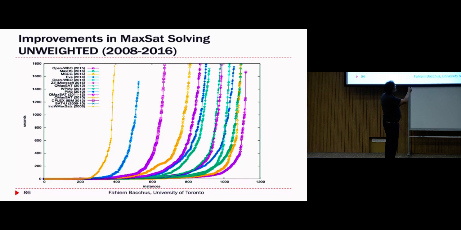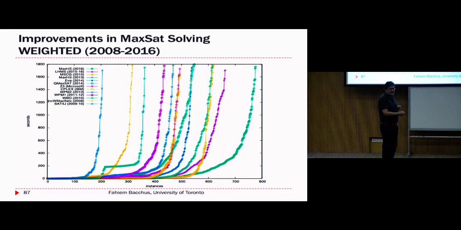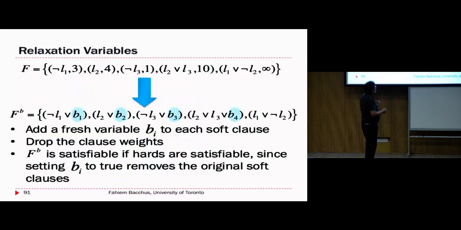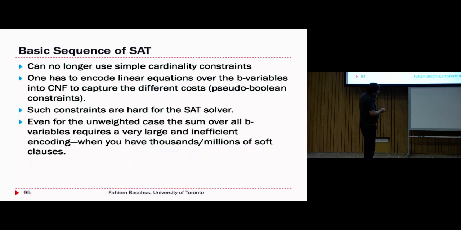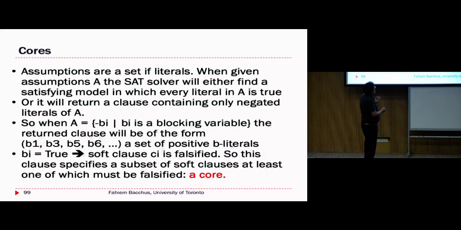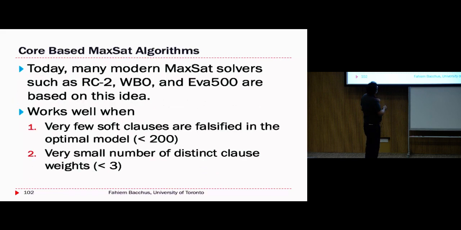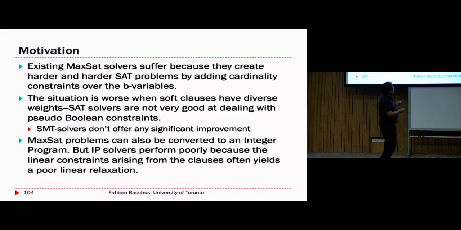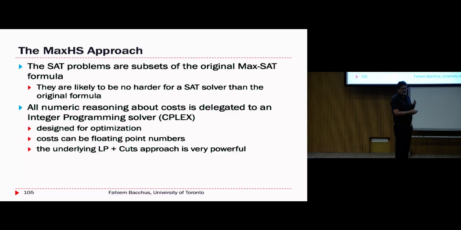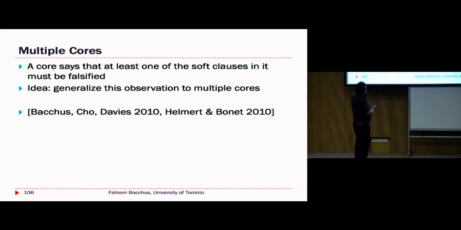It solves far fewer problems within 1,800 seconds than the other solvers. So it doesn't do very well. And the basic idea there is that those mixed integer programming solvers really depend on having good linear relaxations. Unfortunately, when you linearly relax a CNF, you can satisfy every clause by assigning 0.5 to every variable. So then you don't get a good approach.